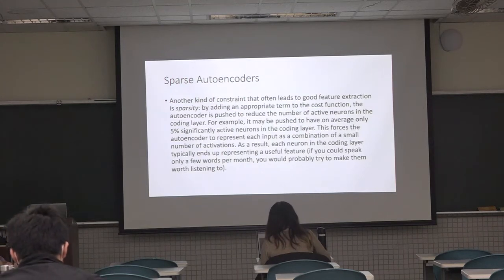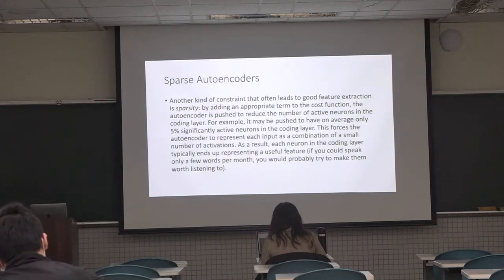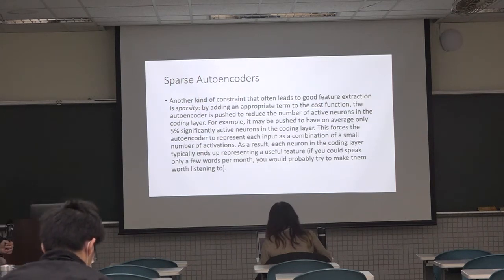The denoising autoencoder is one of the over-complete autoencoders. There's another type of autoencoder called the sparse autoencoder.